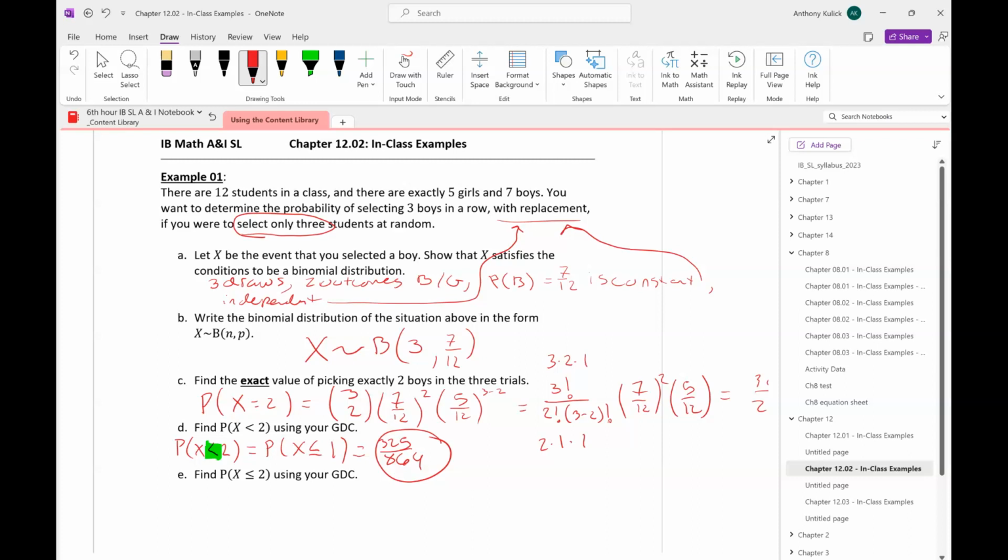Now, if you wanted to do this another way, what else could you have done? You could just do P of 1 plus P of 0. And you could do the PDF for each of these and add those up, right? That would be okay.